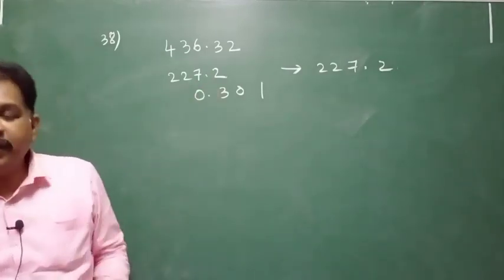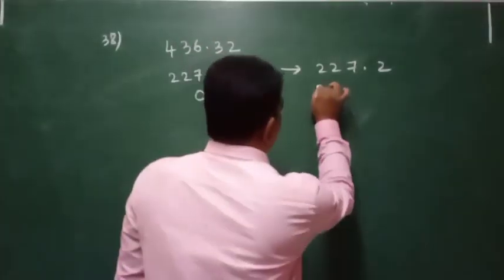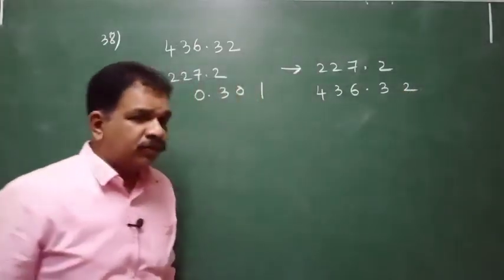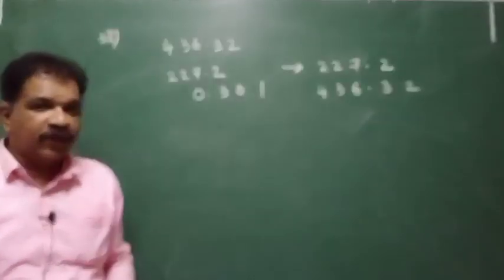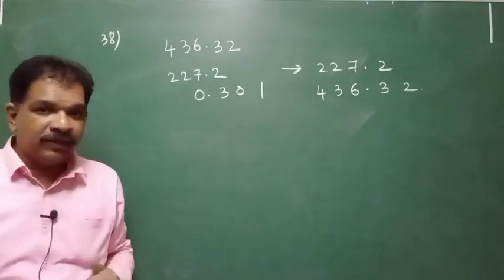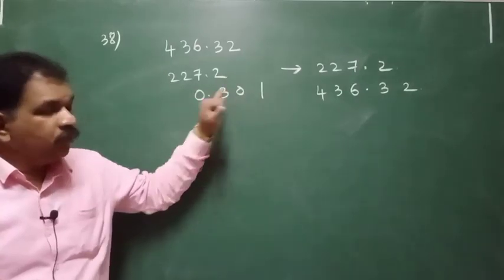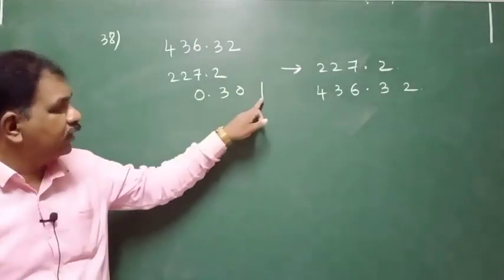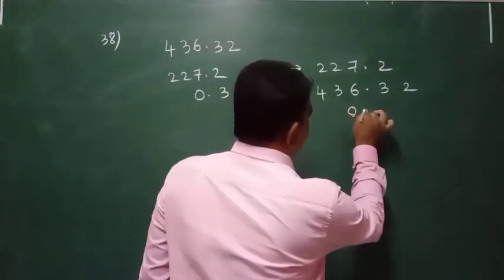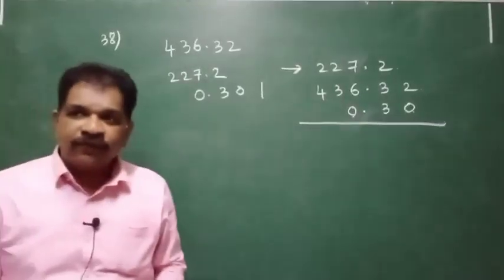In 227.2 already 2 are there, so no need to change. 436.32 has 2 digits after the decimal point. 0.301 has 3, so it is rounded to 2: remove the 1, the preceding digit will not change, so it becomes 0.30.